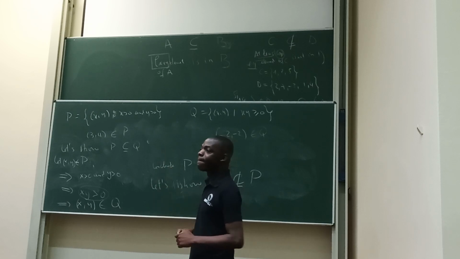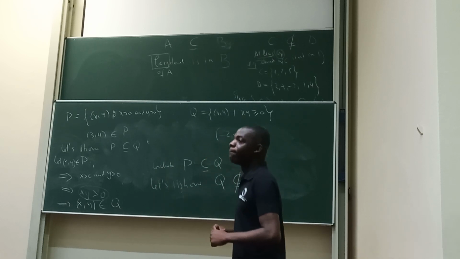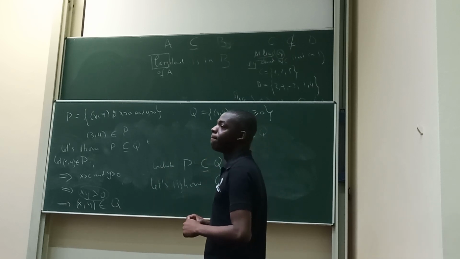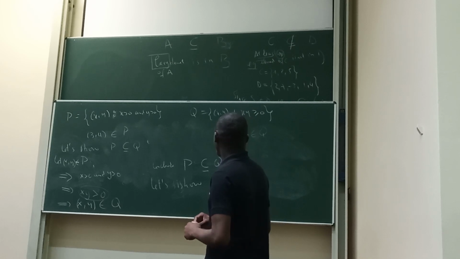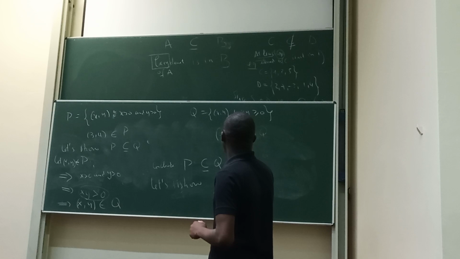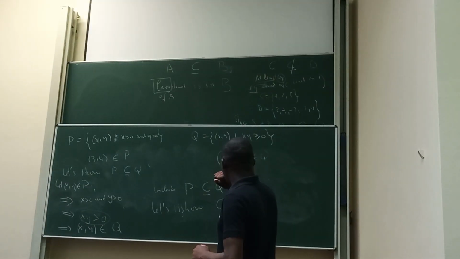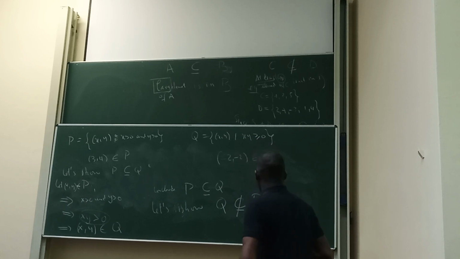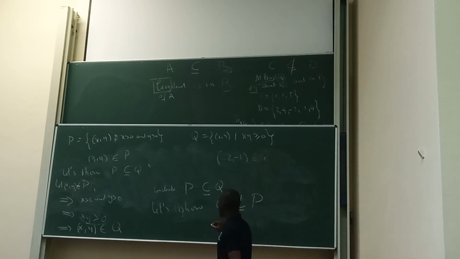Make it so that the product is 0, which is 0. So (x, y) equals 0. Okay, so pick an example. You say x, y, 0, yes, 5. Like this.